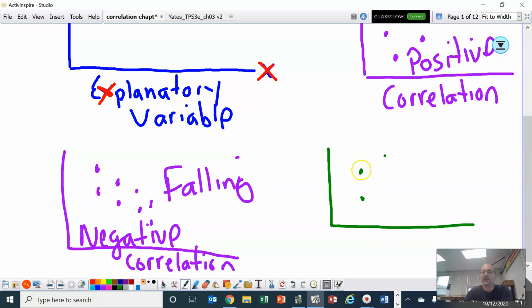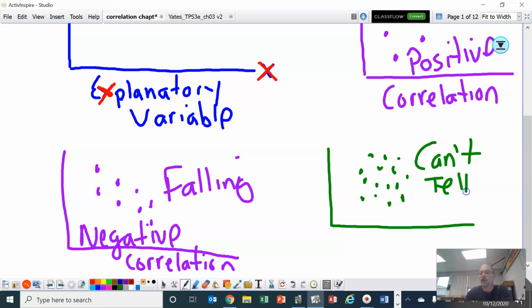If the dots are all over the place and you can't tell the pattern, okay, you can't tell if they're rising, you can't tell if they're falling, then we say that there is no correlation. All right.